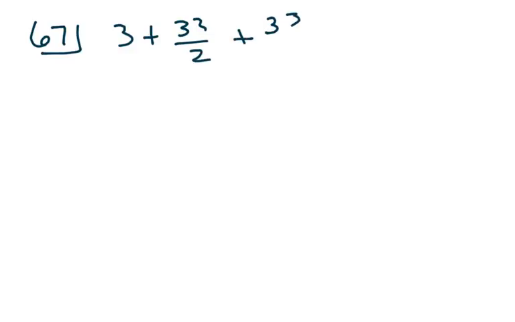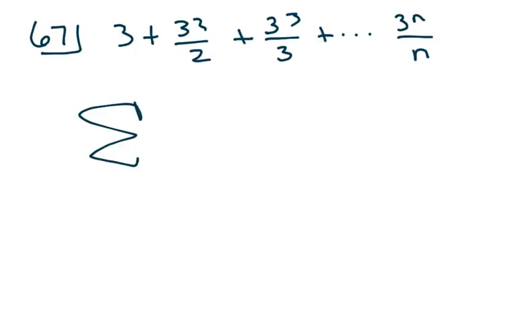And that's all you have to do. Let's do another one. Let's do 67. 67, we have 3 plus 3 squared over 2, and they wrote this out already nicely for you. 3 cubed over 3 plus dot, dot, dot 3n over n. So we're starting with k equals 1, and we're going to n, because we're ending on n. And I'm just going to write 3.